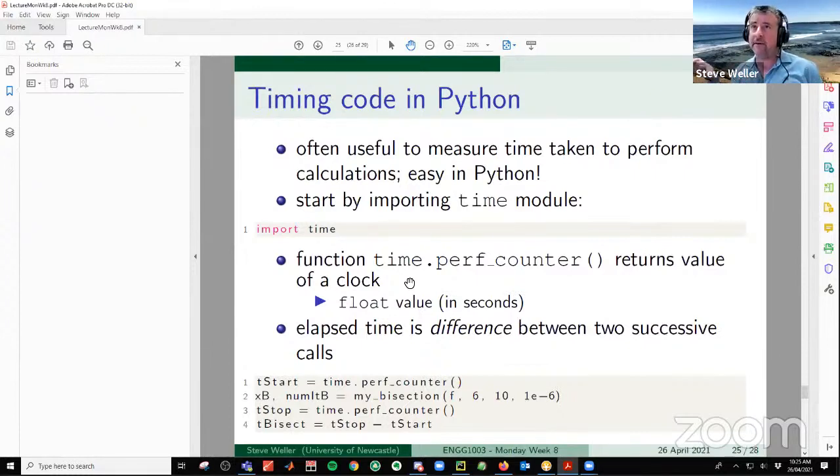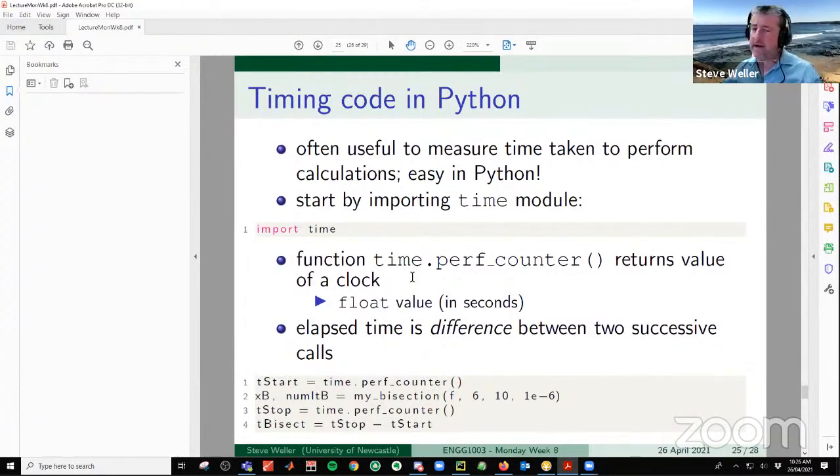So if you're trying to time how long it takes you to swim 50 meters, it doesn't matter that it's 10:30 in the morning. What matters is that it's 10:30 when you start, and it's 10:31 when you get to the other end of the pool. So it's taking you a minute. That's what the perf counter function does. It returns a value of a clock, and then you compute the difference between two successive calls.